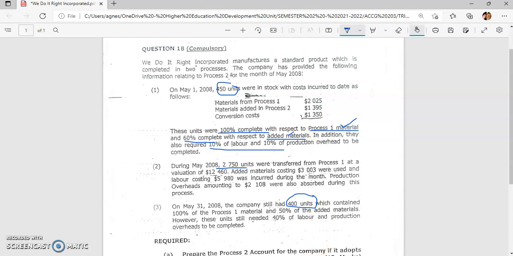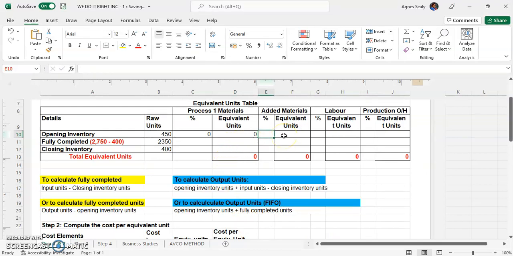So what is our equivalent units? That will be 450 multiplied by 40%, which is 180 equivalent units.